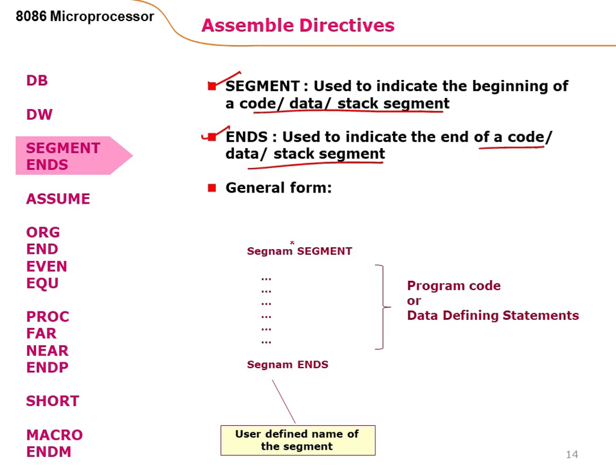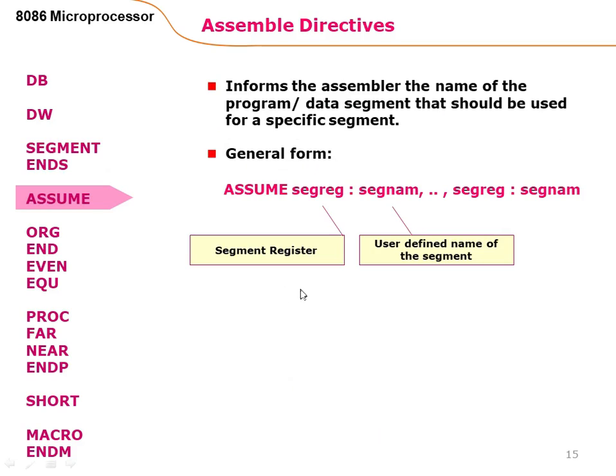We define the segment name SEGMENT, and when the segment ends we use the name ENDS. Inside this the instructions or program code is written. This segment name is user defined. You can change the name here, whatever you like to write here.